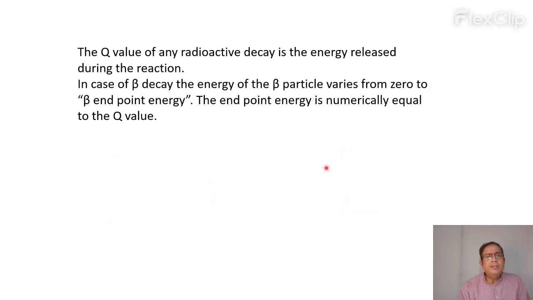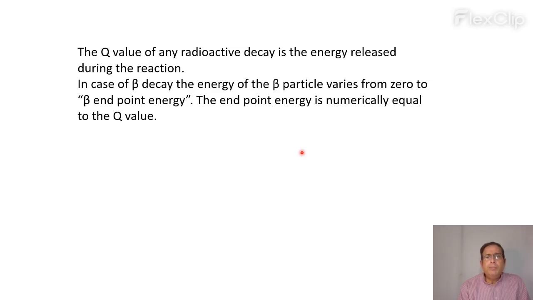So what is the Q value of a radioactive decay? A Q value is the total energy that is produced during a nuclear reaction. In case of beta decay, the beta particle energy varies from 0 to the beta endpoint energy. That is, the energy that is coming out from the nucleus in the form of beta rays. The energy of the beta rays is not unique but is variable.